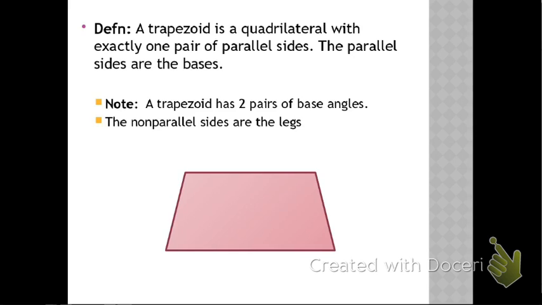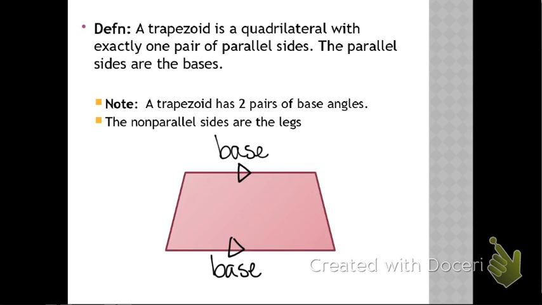So let's label this diagram. Remember, if two sides are parallel, we mark those with the little triangles or little arrows. So I'll make these my parallel sides, one pair. Those are the bases. So this is a base up here, base.